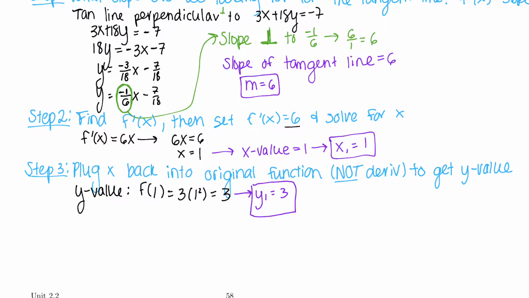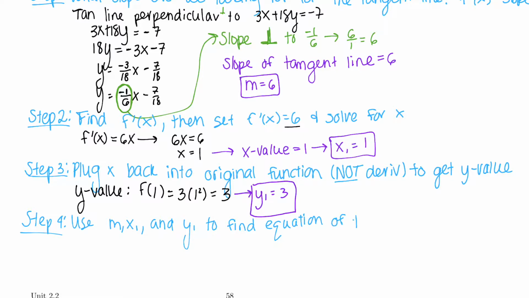And then the last step is to put all this into the equation of a line. So y minus y1 is equal to m times x minus x1.